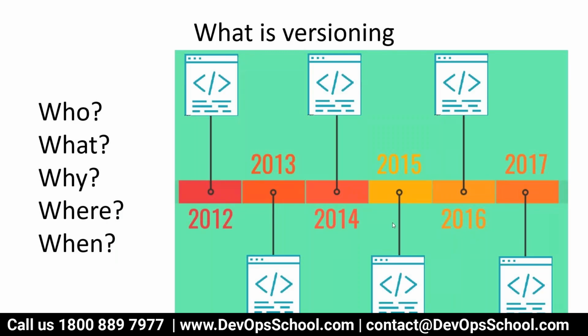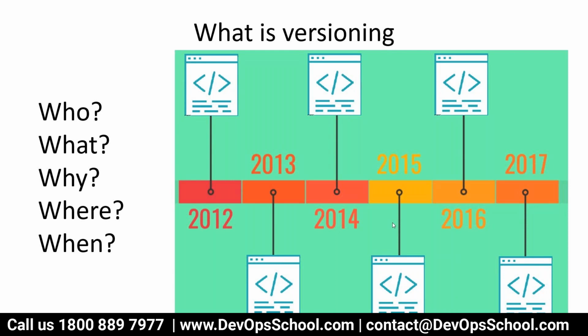So what is Git? Guys, there is one concept which we have, and that is called versioning. Whatever code we write has been written by a different set of developers all the time, right?